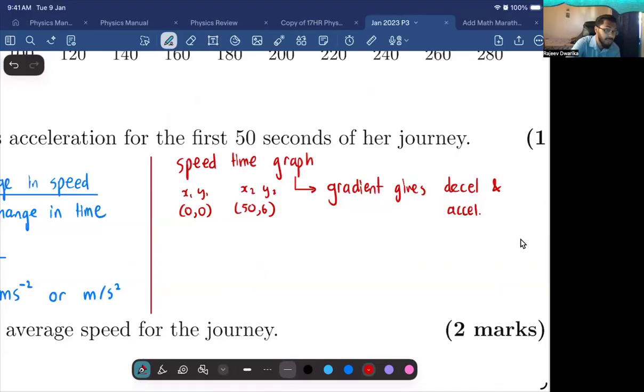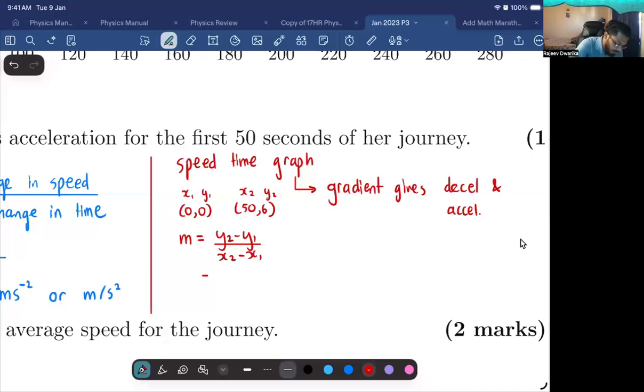Guys, just putting this out there. It doesn't matter which one you call x1, y1 and which one you call x2, y2. If you do the maths correctly, you'll get the same answer. Can somebody just remind me the formula for gradient? m equals y2 minus y1 over x2 minus x1.